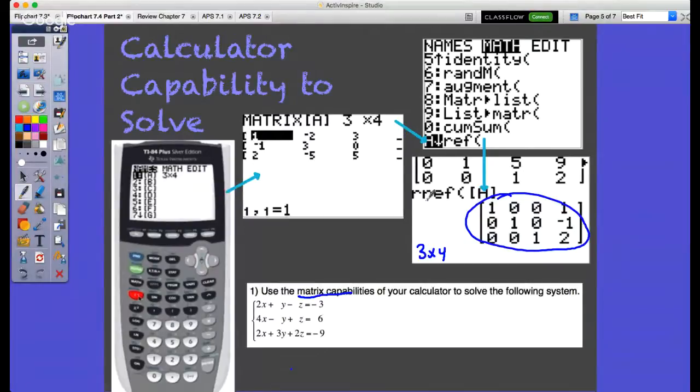Now, in doing this, we could go to what we call row reduced echelon form. Say, Coach, what is that? It's a method that we use in order to simplify a matrices or systems of equations to be able to allow us to solve.